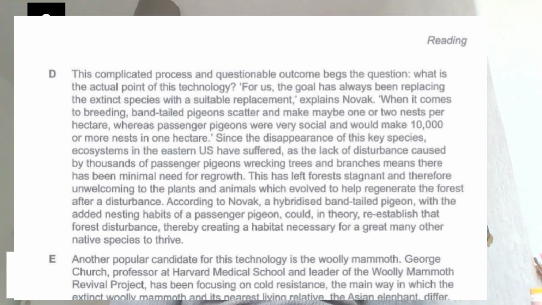This has left forests stagnant and therefore unwelcoming to plants and animals. It has affected the whole ecosystem, plants and animals. They are not being specific about a particular animal. All of them.